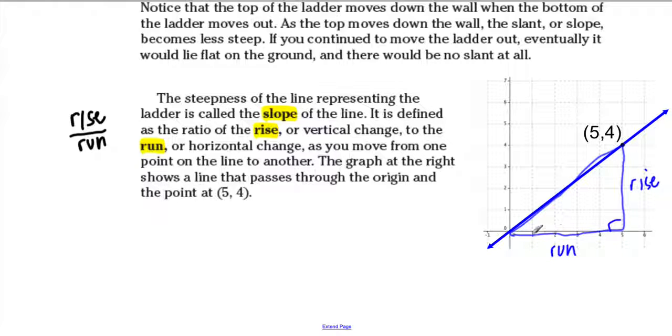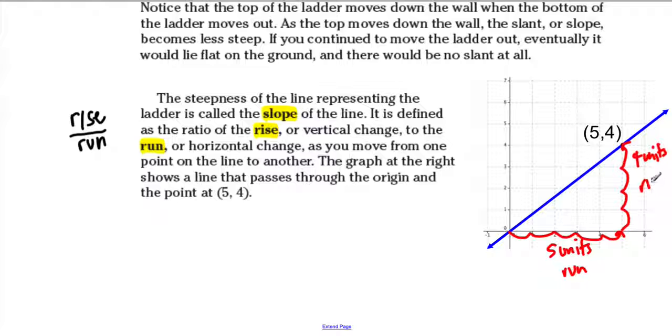Let's begin. From the origin, we go 1, 2, 3, 4, 5 units for the run, and then from there we go up 1, 2, 3, 4 units for the rise.